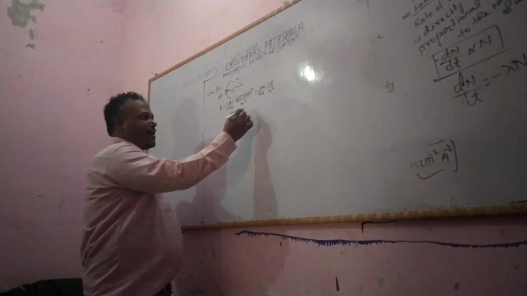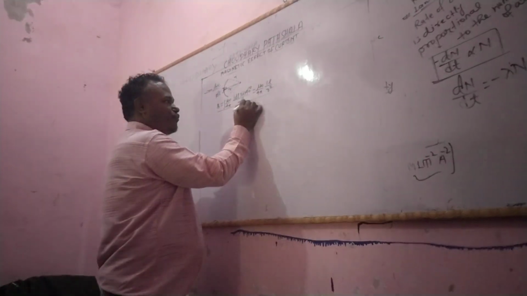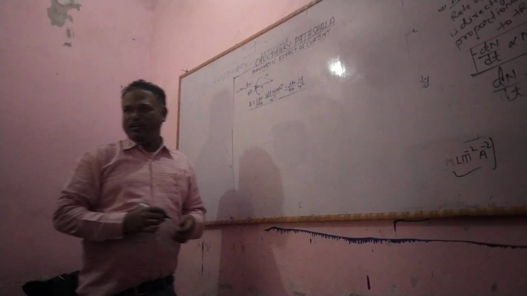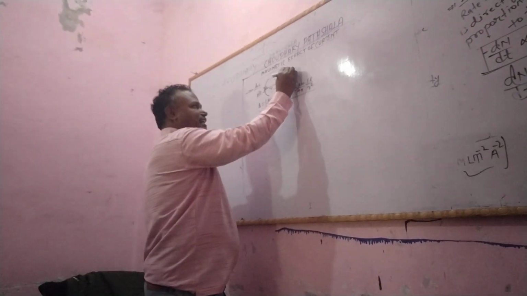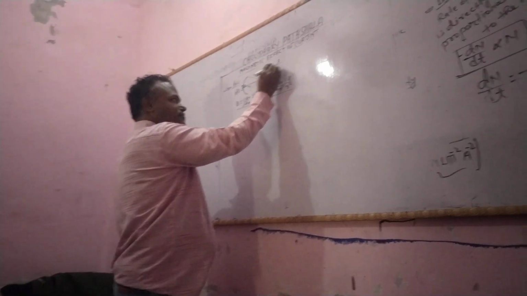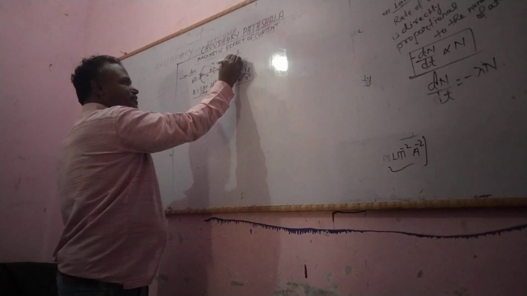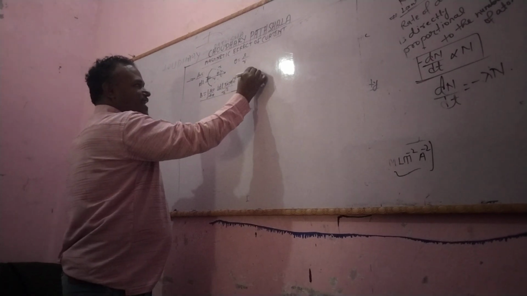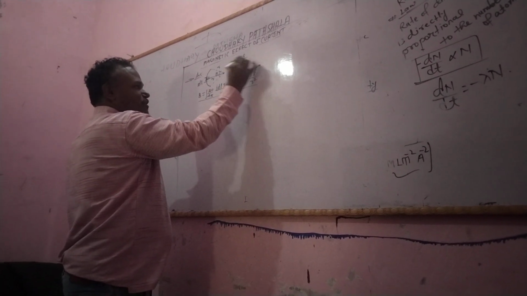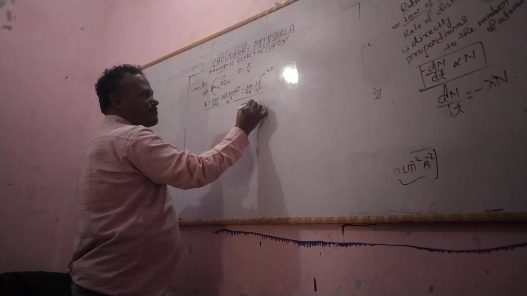Magnetic field due to an arc will be equal to mu naught upon 4 pi I l upon r square. As you know, in a circle theta is equal to L by r. So if theta is given, then L should be replaced with r theta.